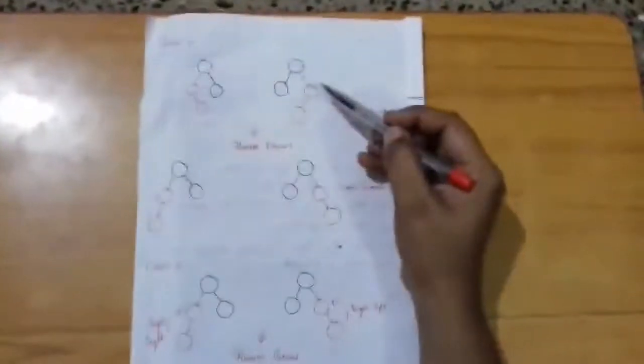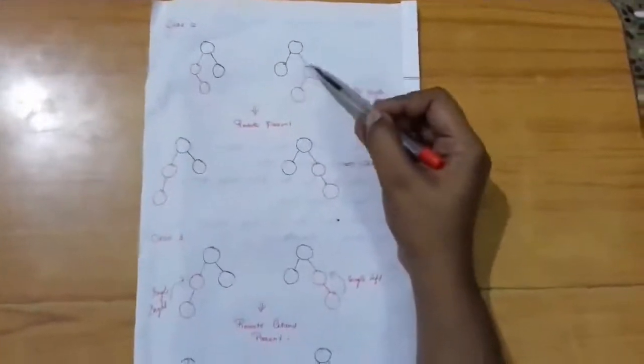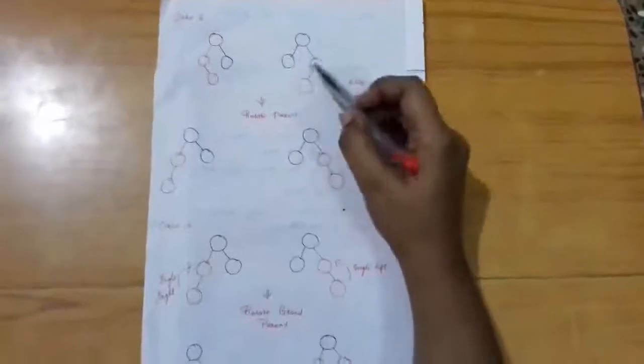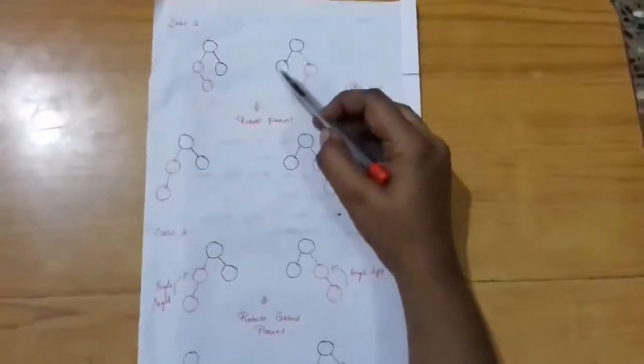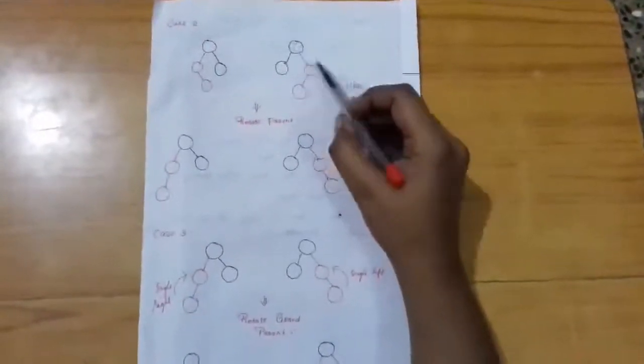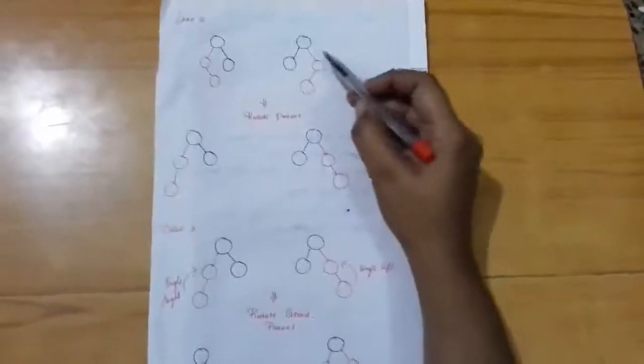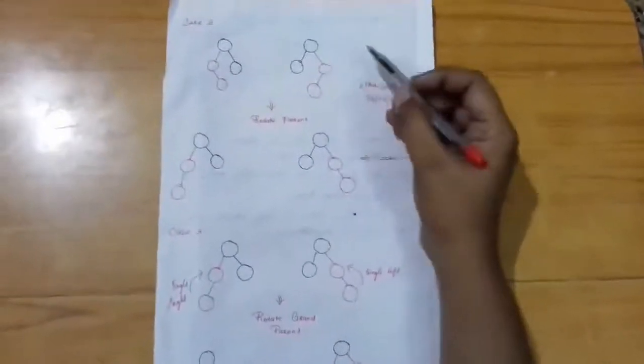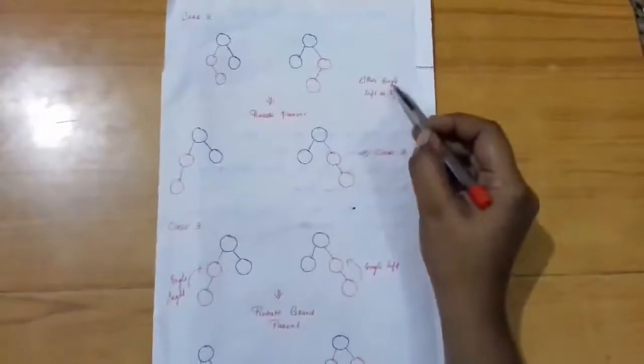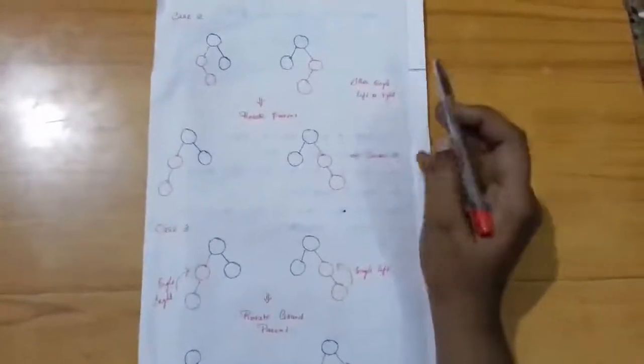In case 2, it is somewhat different from case 1. In case 1, in all the paths, we have same-colored subchildren. But in case 2, one path has a black color and another path has a red color. In this situation, we perform either a single left or a single right rotation.